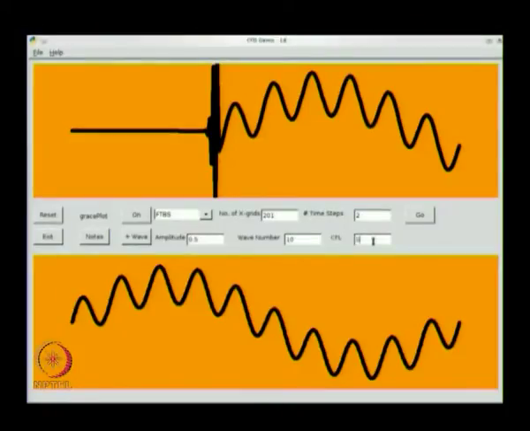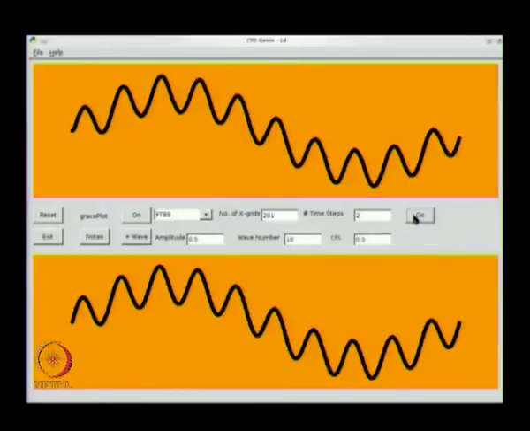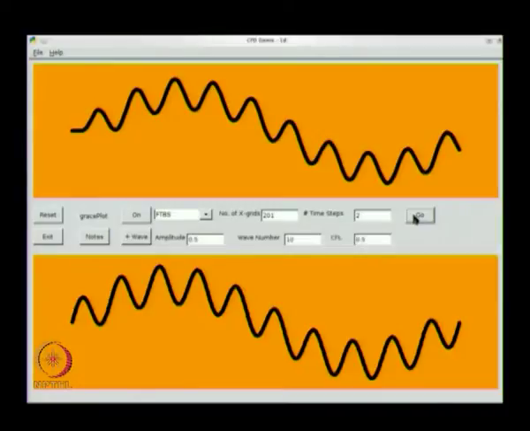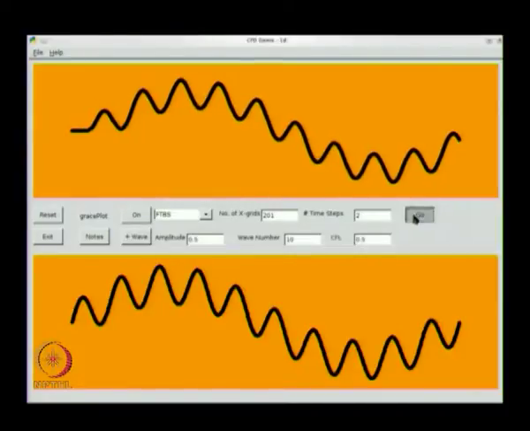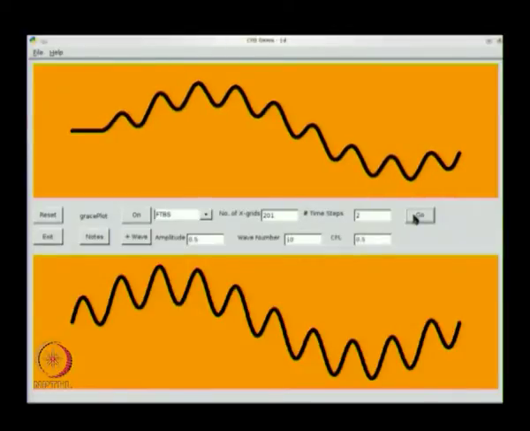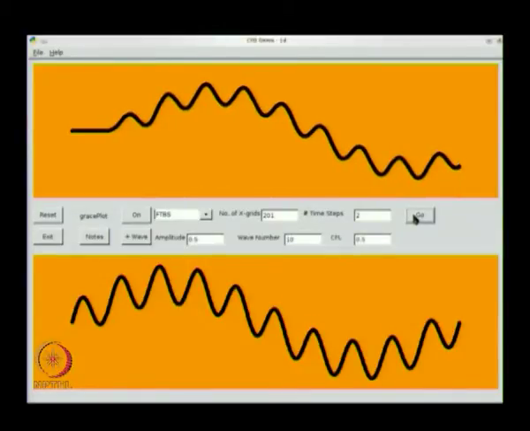So it looks like if I were to go to 0.5, let us go to 0.5, I will reset it, we will start from the beginning. What do you say, anything perceptible? It looks like the sin 10x term, the amplitude is dropping.